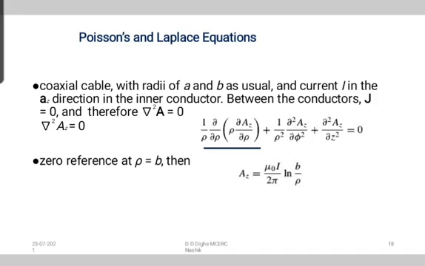Then, for a coaxial cable with radii A and B, as usual the current I is in the az direction in the inner conductor, and between the conductors J is equal to 0. So del squared A is 0.